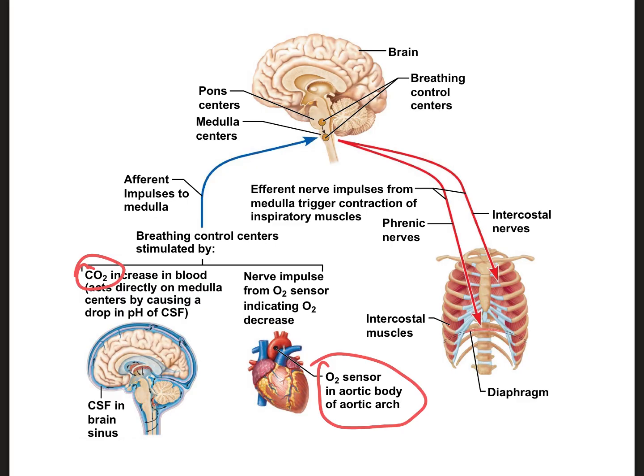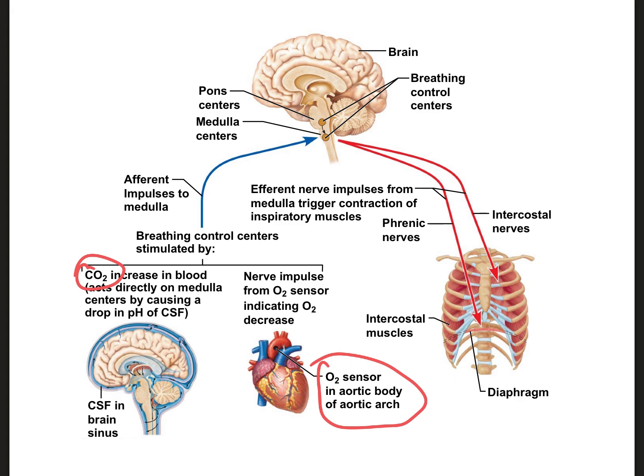Does that make sense? Those are the two gases that we need to move in and out. So those are the two substances and molecules that we continually measure or regulate and identify, so that if there are any changes, the respiration rate changes. Okay?